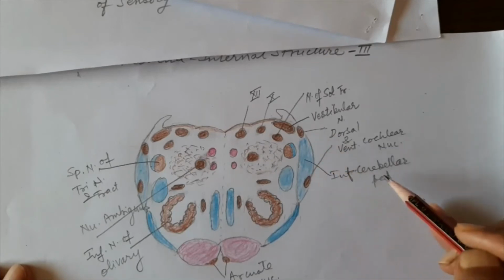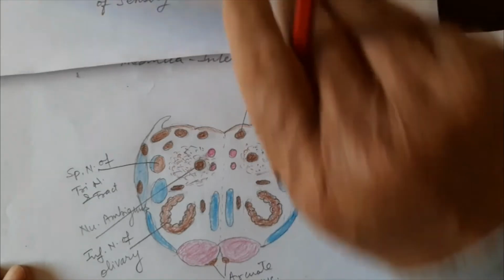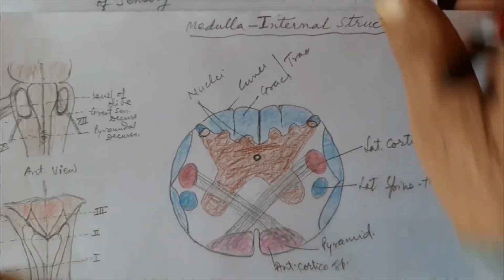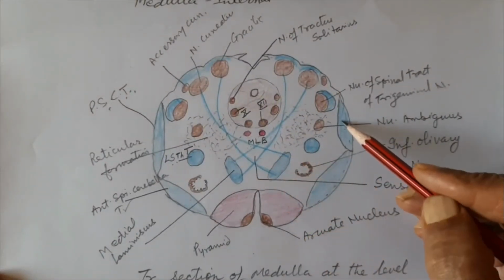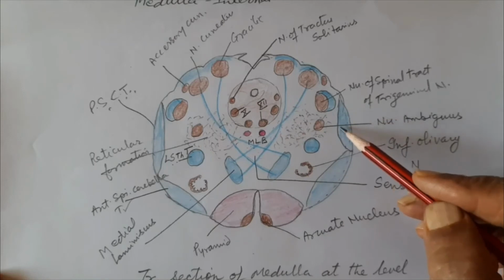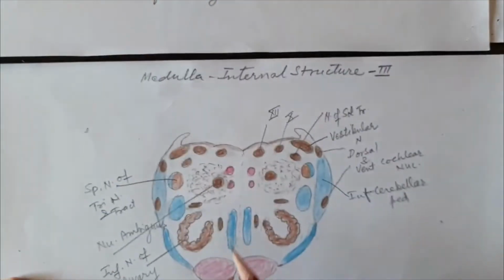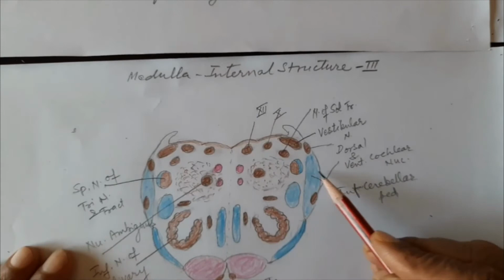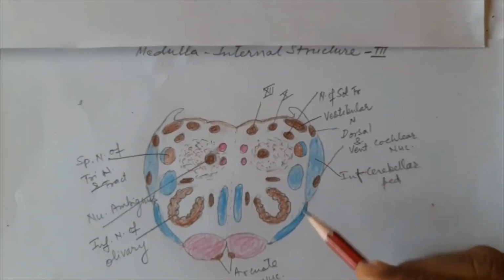So how is the inferior cerebellar peduncle formed? By the fibers which were here at the level of the pyramidal decussation, or the great sensory decussation. These fibers of the posterior or dorsal spinocerebellar tract will join with the fibers taking origin from the inferior olivary nucleus of the opposite side, and form the inferior cerebellar peduncle.